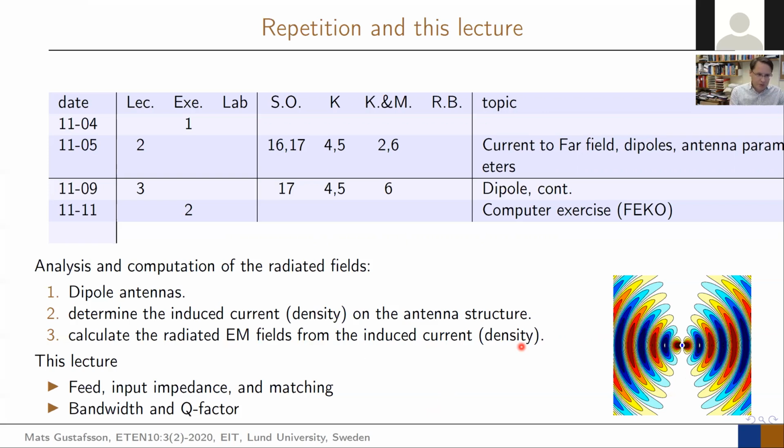And the basic procedure there was that you took the Fourier transform of the current density, and that gave you the radiation vector. And then you removed the radial component of that radiation vector to get the radiated far field. So that is the procedure, and you should understand where the formula comes from.